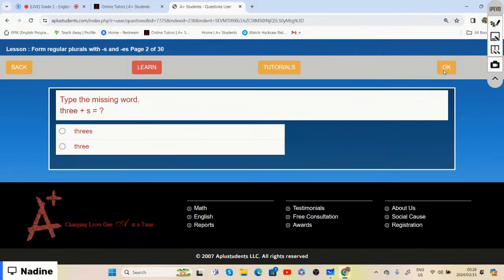This is now to show the plural form, to show that there's more than one three. So if we refer to more than one three, then we can say it's threes because we just added an s.